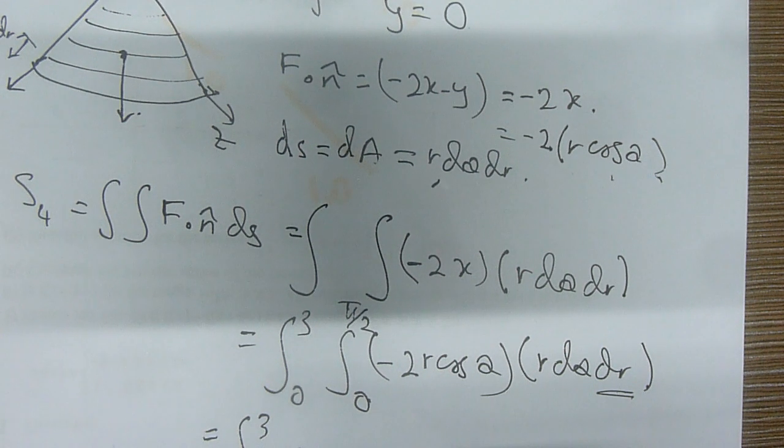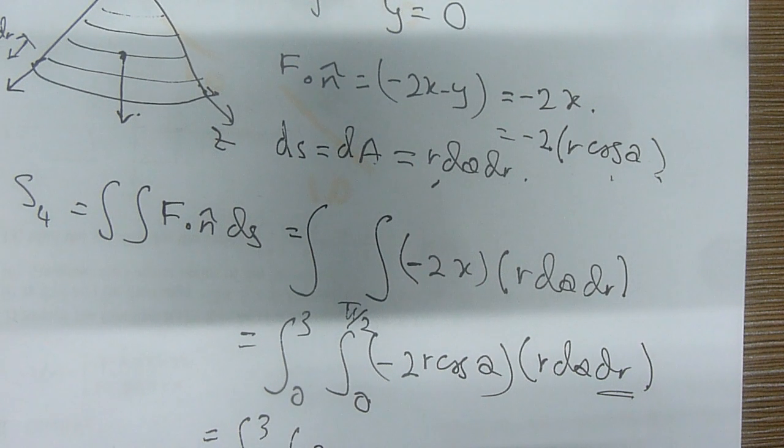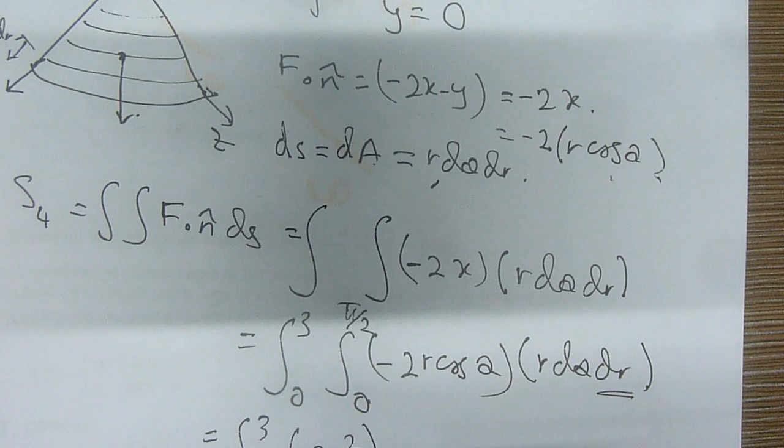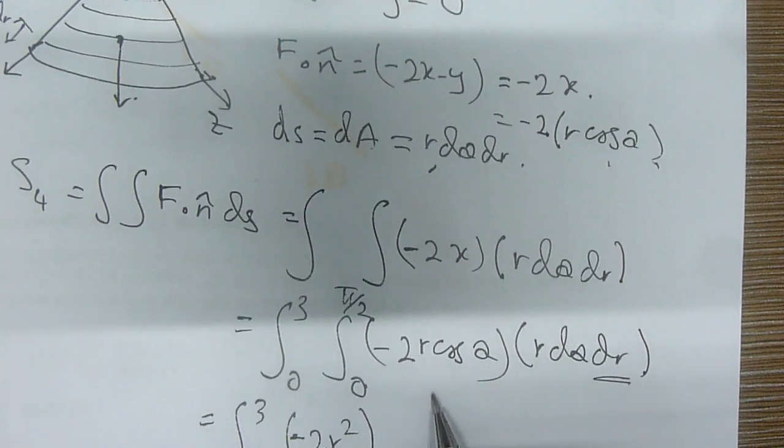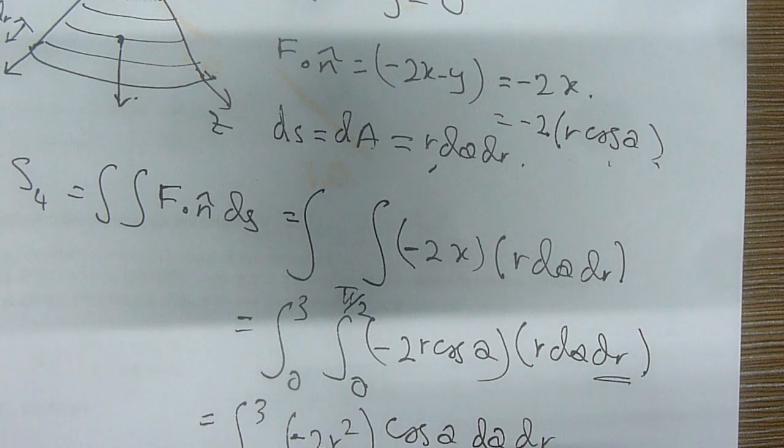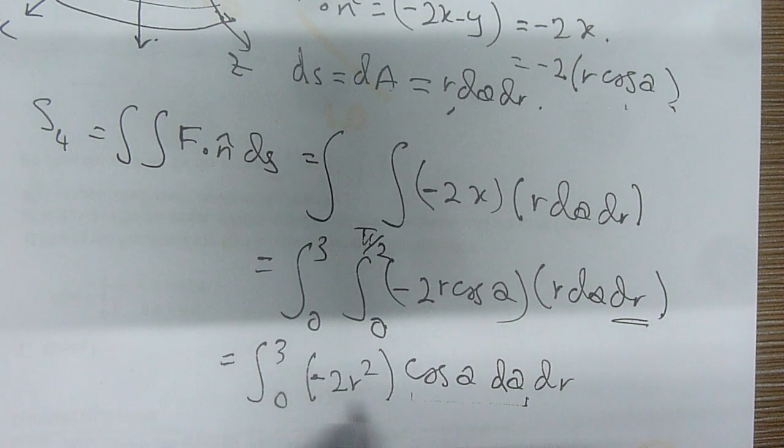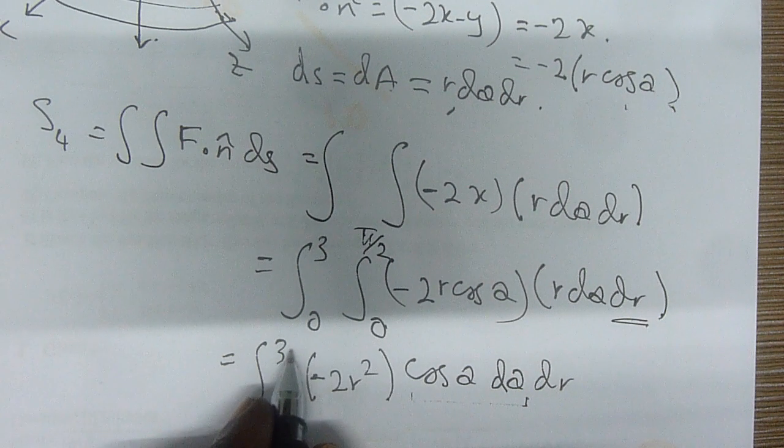For example, the negative 2 you can bring out, but let's say you keep it as r squared. The cos theta d theta dr, this one is just simple. Pi over 2 to 0.